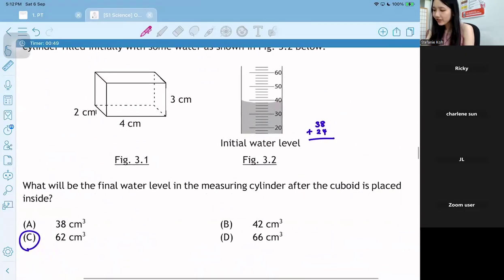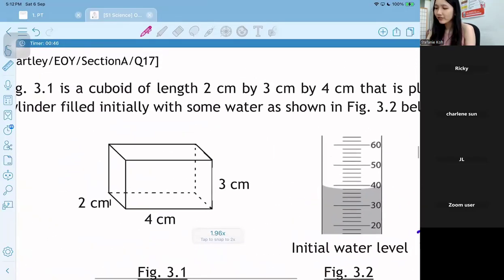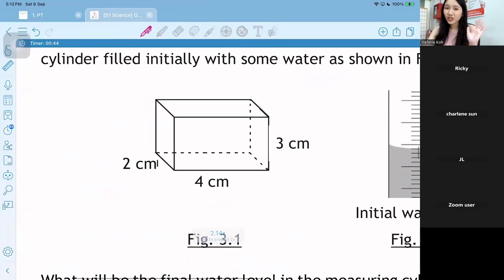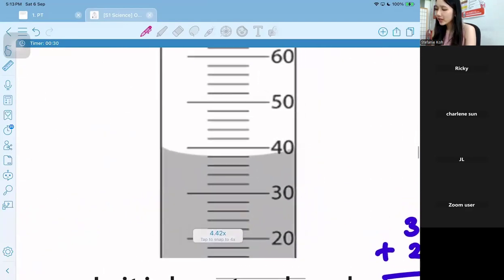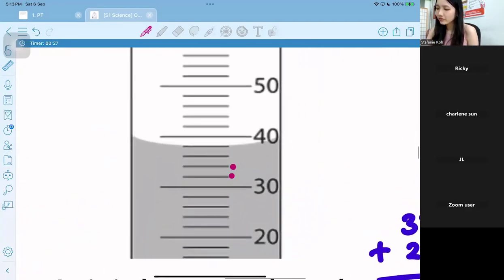They're asking for the final level. We're looking at volume. You should know how to calculate the volume of a cuboid: base area times height. This is the volume of the cuboid. You start off here. There are only 5 readings, so each one will be 2 units.